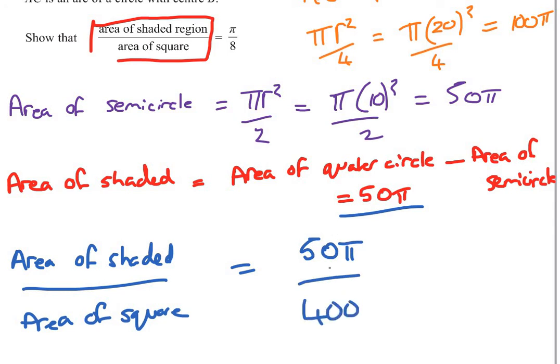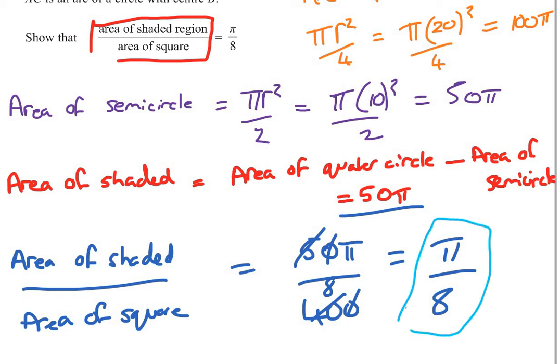Now we just need to do a little bit of cancelling. So how many times does 5 go into 40? Well, that is just 8. And we are left with pi over 8, just as I asked for. So it's always good when your answer matches up with what you're trying to get.